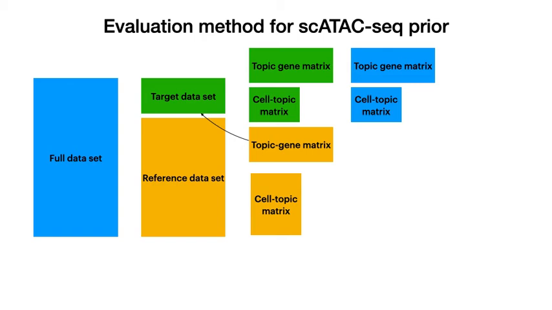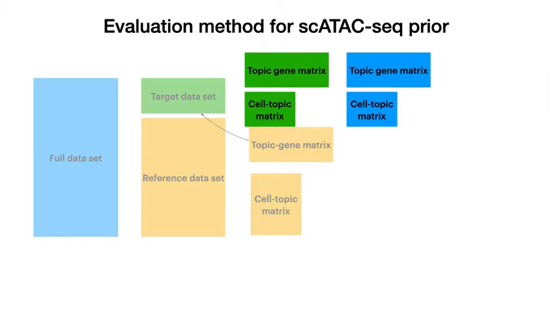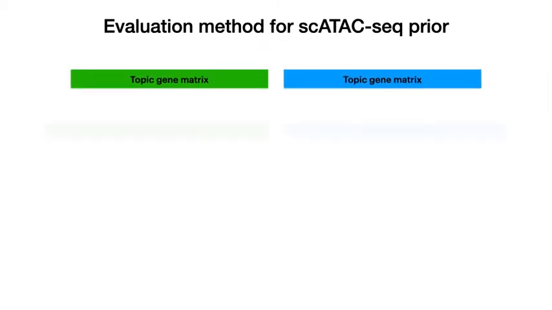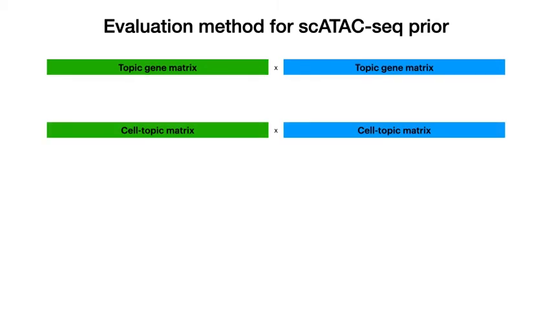In addition to that, we can compare this to the full data set when we've analyzed all of the data together, which we consider to be kind of a gold standard, which is more computationally intensive and a little less flexible. When we compare these, we simply stretch them out and plot them against each other to see if we're capturing similar structure in the target as when we did the joint analysis.